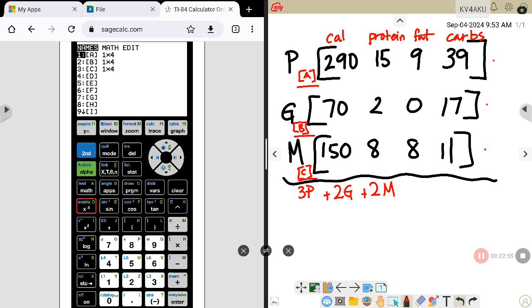Now I want the gelatin matrix, which was in matrix B in my calculator. And then plus 2, and then the milk matrix. So second matrix, and we put the milk matrix in matrix C. So 3 pizza, 2 gelatin dessert, 2 milk, enter. So let's see what that gives me.